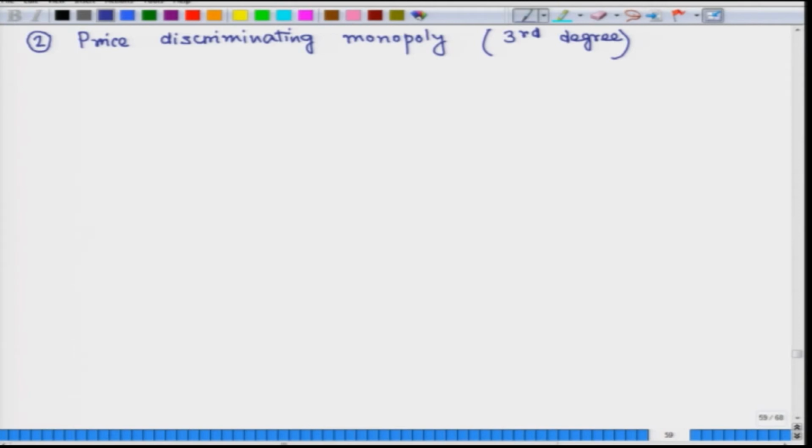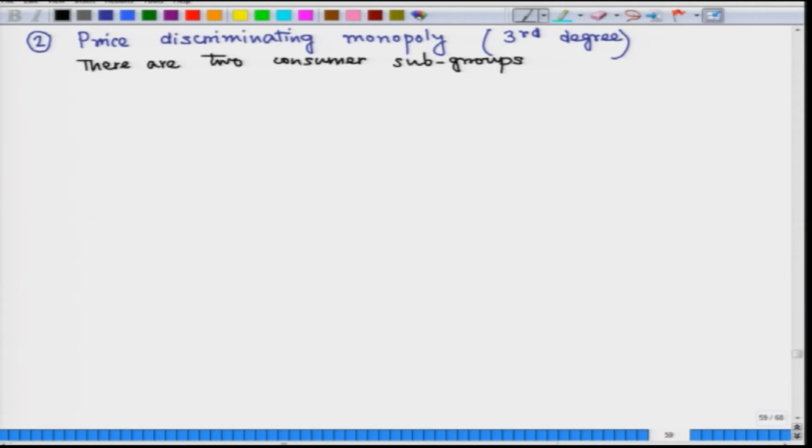Okay. So, in this case let us assume that there are two consumer subgroups with different price elasticities, right.